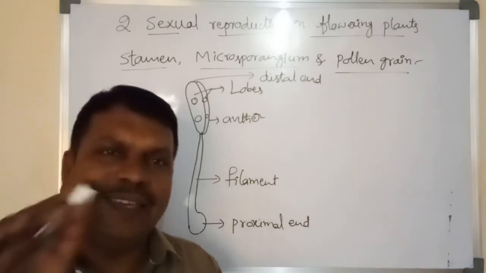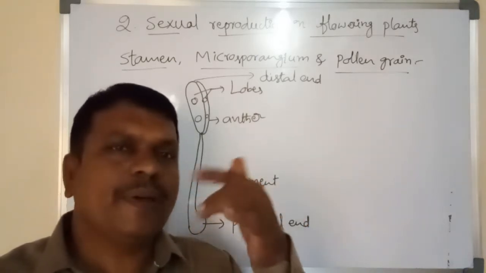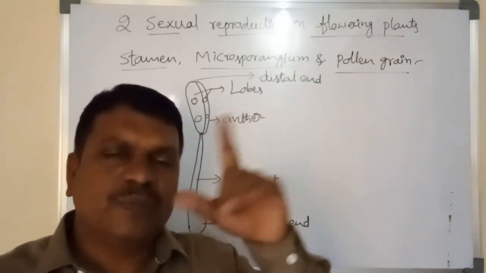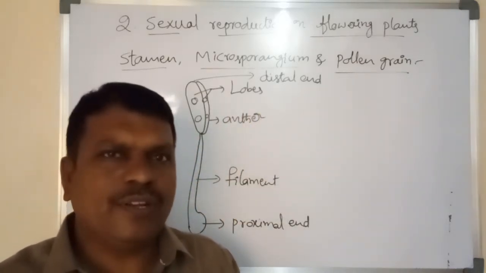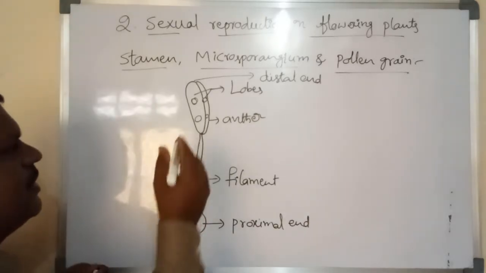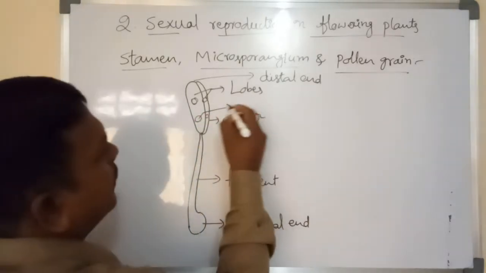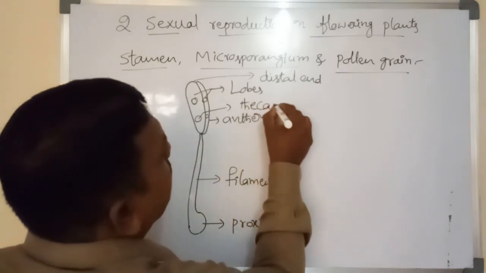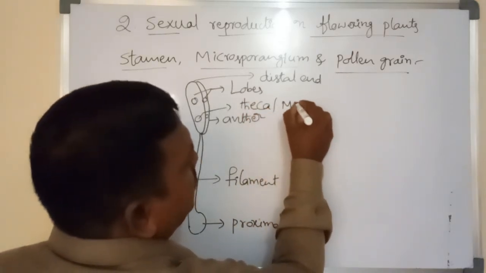Each lobe has microsporangium or theca, because theca is also called microsporangium. Microsporangium is filled with sporogenous tissue. We will discuss all these things in detail. Theca is also called microsporangium.